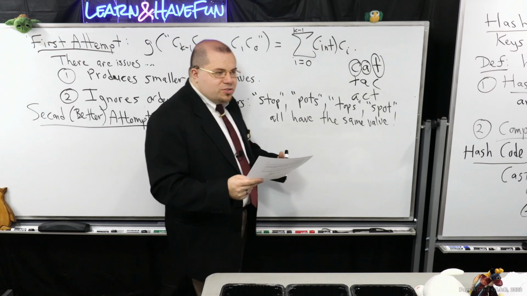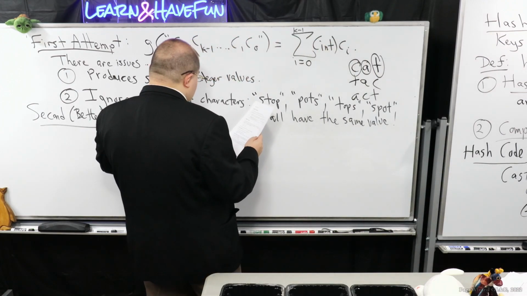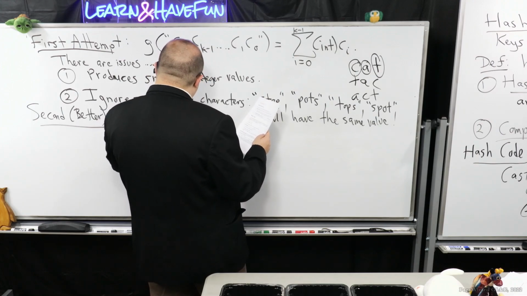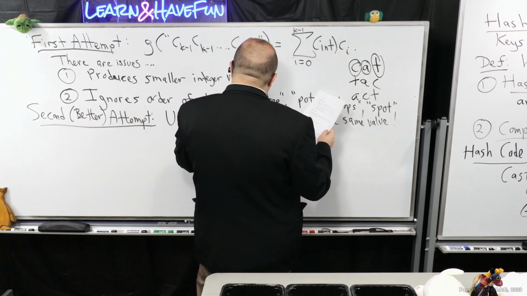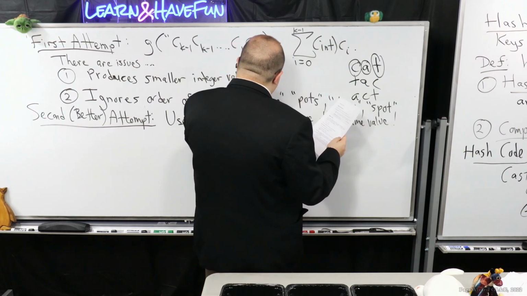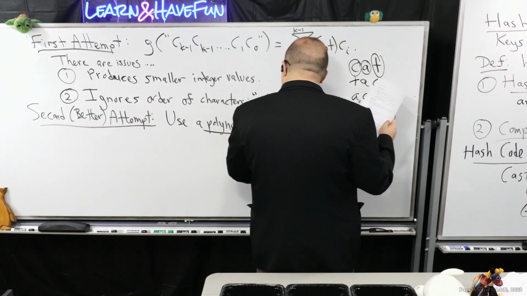We're going to use something called a polynomial hash code. If you've heard of the word polynomial, that's what I'm talking about. Polynomial hash code.